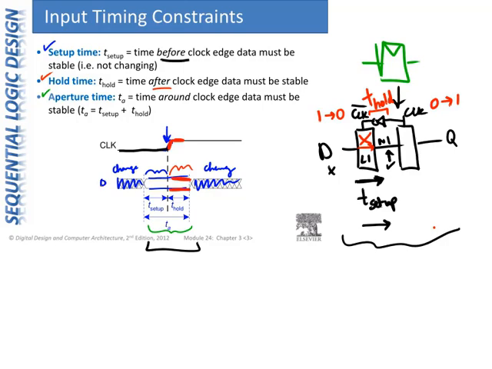And then it has to be stable after the clock edge for some time T hold. That's the time it takes to get the leftmost latch L1 shut off, so it's opaque. Again, remember those two times together are called the aperture time. Okay, so those are the input timing constraints, the timing constraints for the input D.